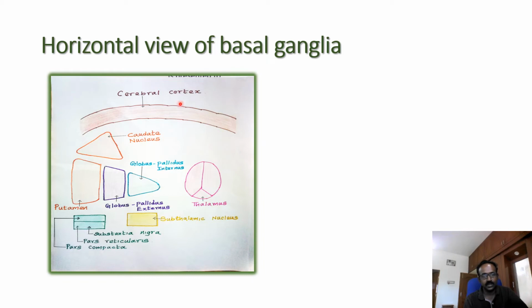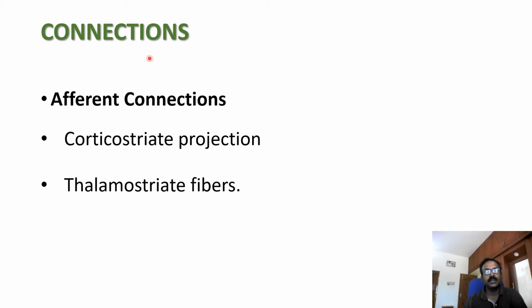So this is the cerebral cortex. These are the connections of the basal ganglia to the cerebral cortex. This is the thalamus. Thalamus is the relay center. Connections of basal ganglia. Afferent connections. The main afferent connection is the corticostriate projection from the cerebral cortex to the striatum. Striatum is the component of caudate nucleus and putamen.